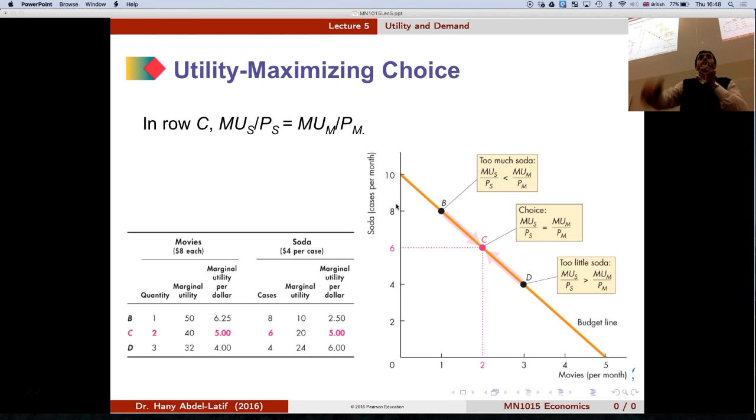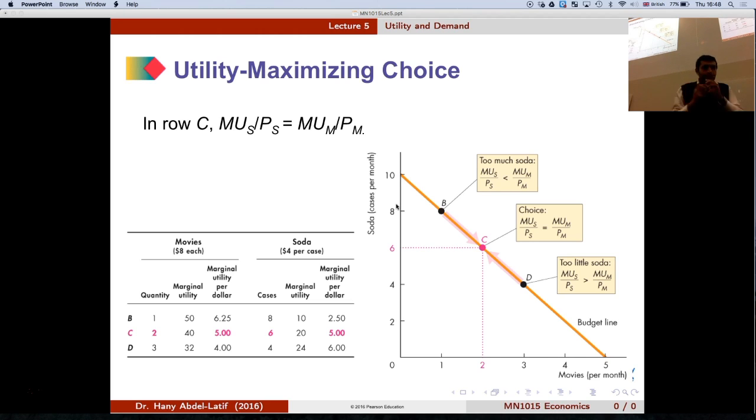You should increase movies. If you do this, so you're buying less soda and more movies, this will bring these together to be equal. And that's the point that maximizes her utility, because now we have that combination, which is point C here, that makes the marginal utility per dollar for these two products to be the same. Is this clear?